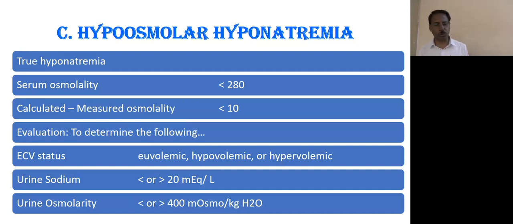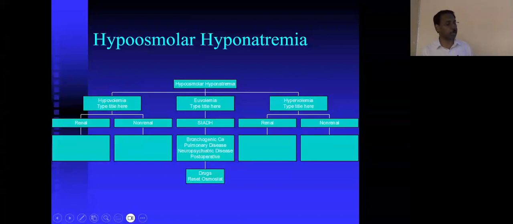You're looking at whether it's euvolemic, hypovolemic, or hypervolemic. And then what is the reason, to further know the cause of hyponatremia in these cases? We are looking at whether it's a renal or an extrarenal loss of sodium. And so you're looking at the urine sodium and the urine osmolality to understand that, and that will go into the branching.